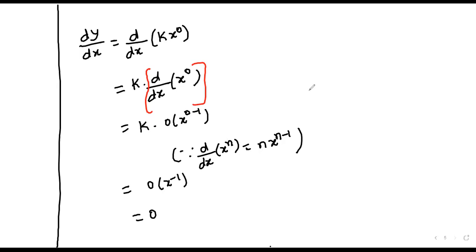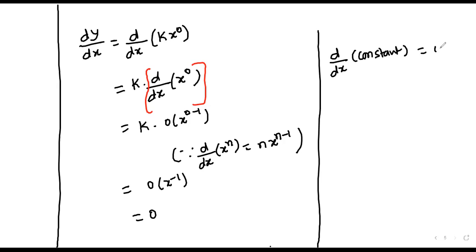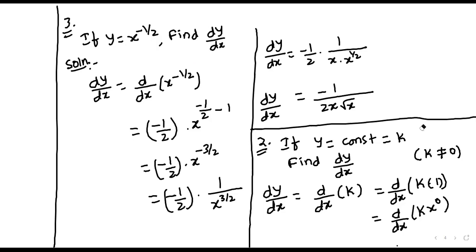So we can say that d by dx of a constant is equal to 0. If this constant is 0, we directly get 0. Whether we consider k equal to 0 or non-zero, it will be 0 only.